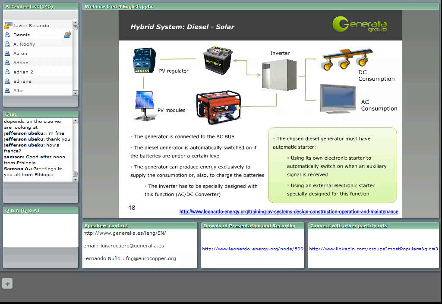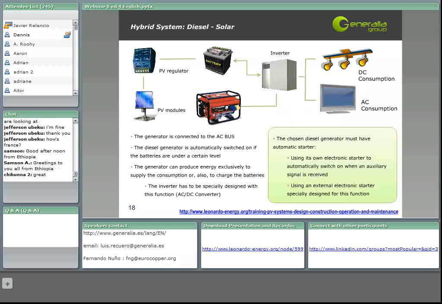You can check that the diesel generator is connected directly to the inverter with the alternating current bus, and how it works is that if the batteries get to a certain level of discharge, the inverter detects this level and it sends a signal to the diesel generator so that the diesel generator will start working and producing energy.